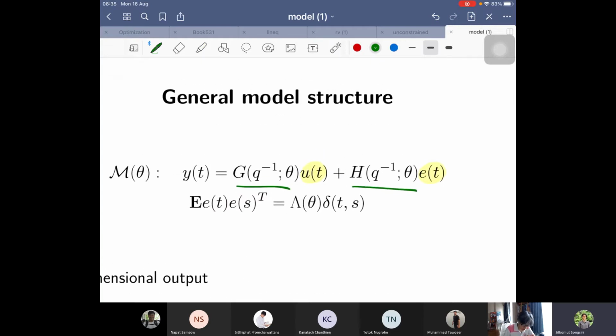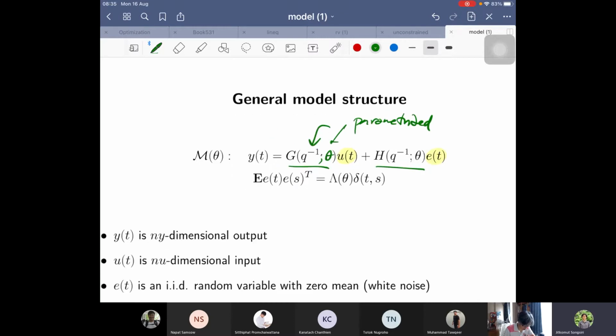We use this notation as it's a function of the backward operator q^-1. And when we use the term semicolon theta, that means this transfer function is parameterized by theta, which is the model parameter.